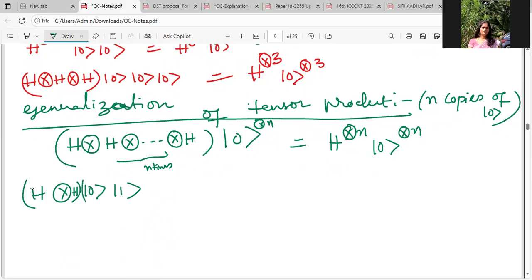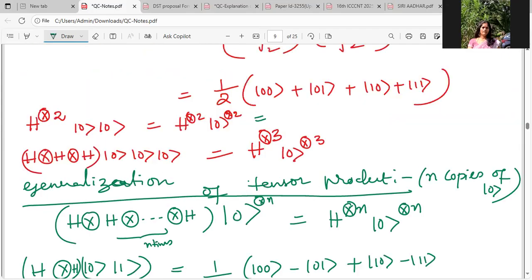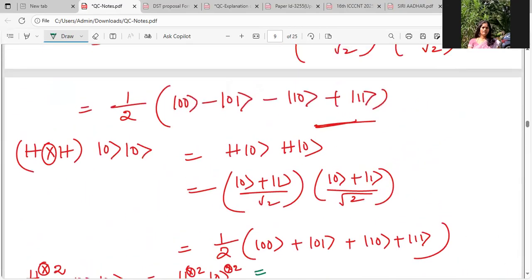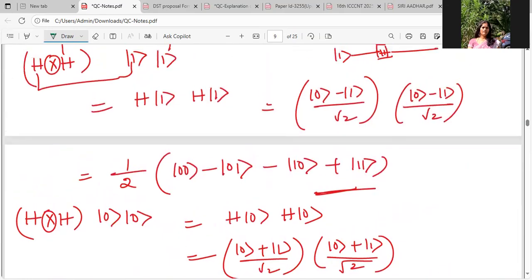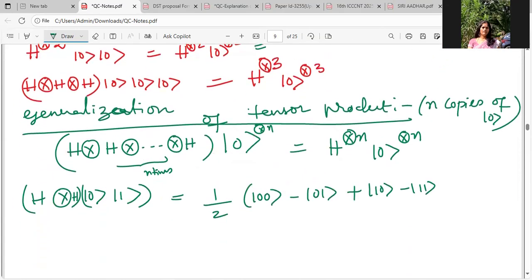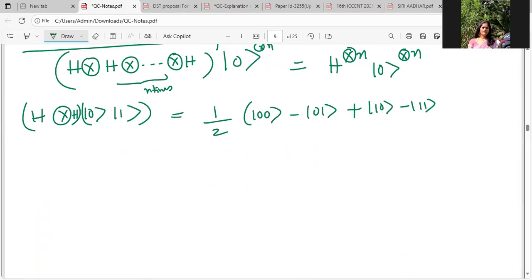If I do this, then I'll be getting something like 1 by 2, all of you are aware, right? Minus 0 1, 1 0. I think I have done it above. I will just scroll up. This is for both the zeros. The above one is for 1 0 and 1. For 1 I have done, 1 1 I have done, but not for 0 1. Right. Now this is it.